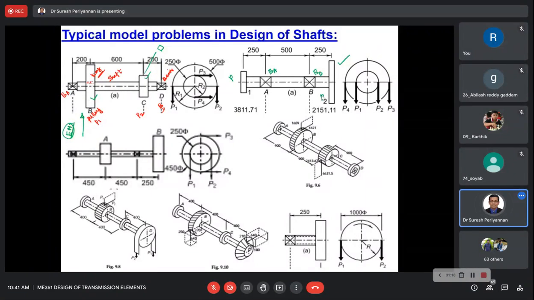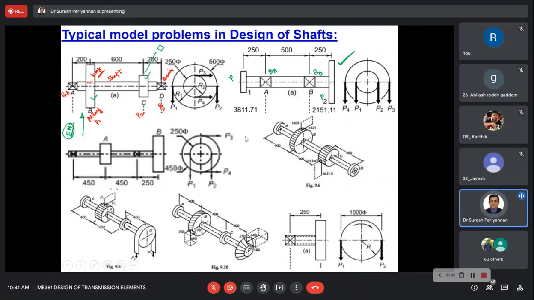What type of concept can we use to define our bending moment and shear force calculation here? What type of beam? Overhanging beam, sir. A double overhanging beam, overhanging on both sides.